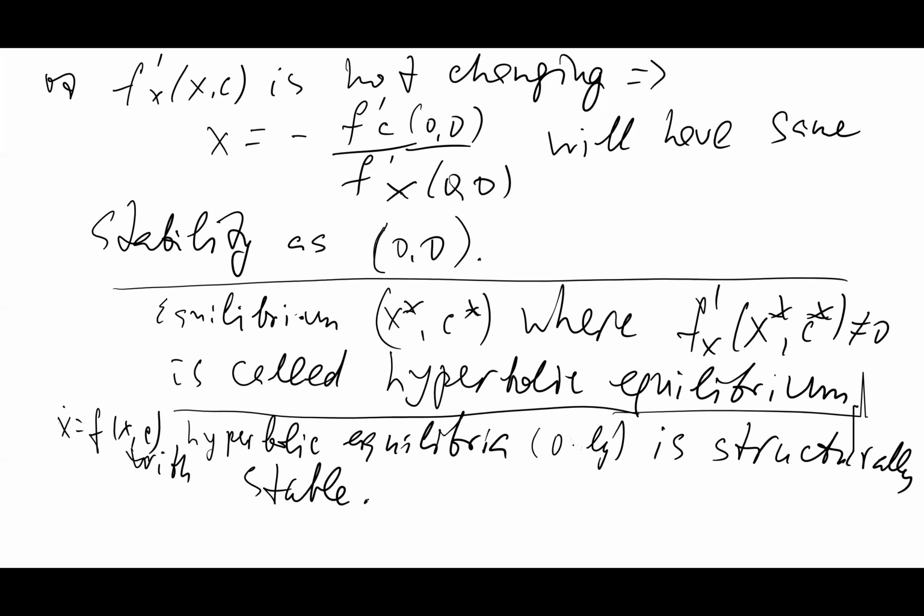So what does it mean? It means if, again, we have this map, it may have quite a few equilibria, but if all of them are hyperbolic, then small changes of parameter c will result in small shifts of equilibrium, but it will not change their stability, and therefore this flow will be structurally stable for this value of c.